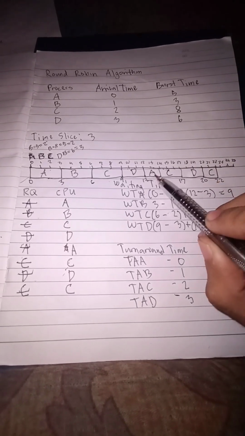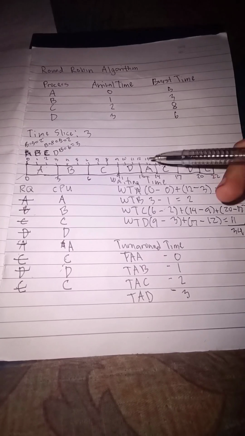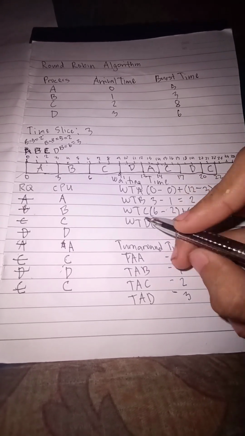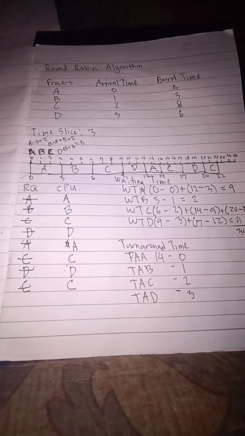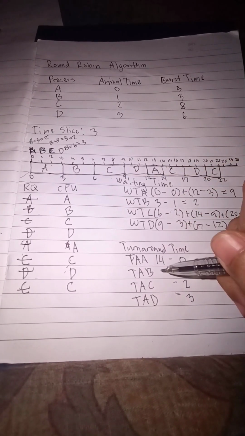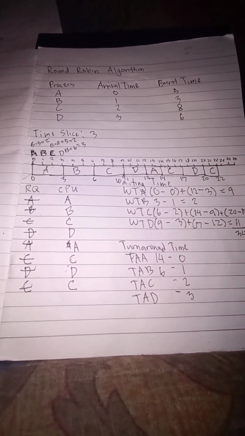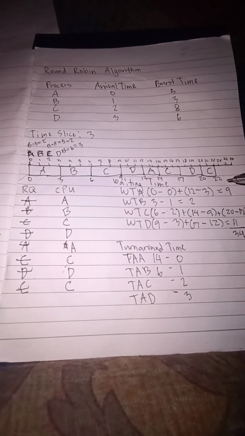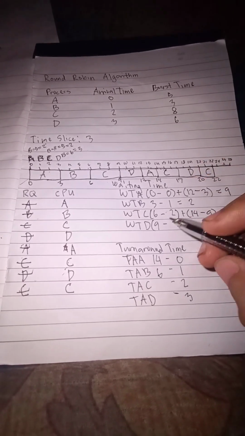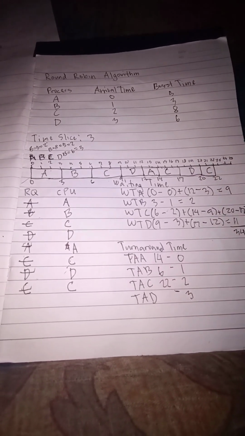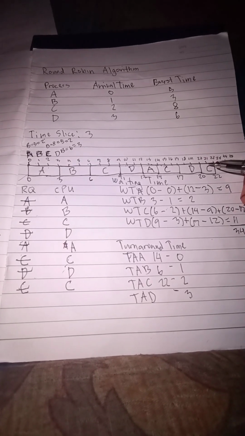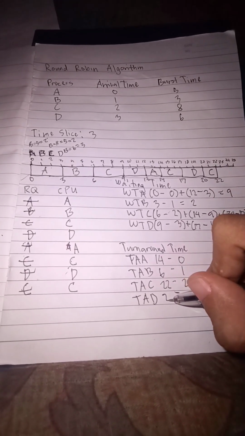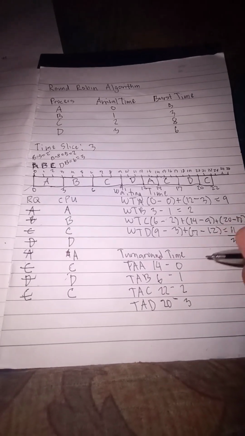In the given, process A ended at 14. So we're going to put 14. In B, it has ended at 6. So we're going to put 6. In C, it has ended at 22. So we're going to put 22. And lastly is D, which has ended at 20. So we're going to put 20.